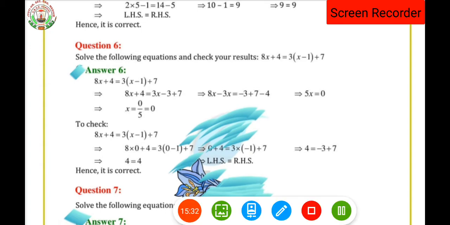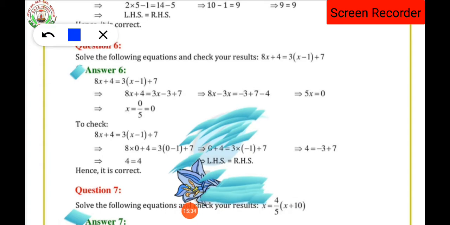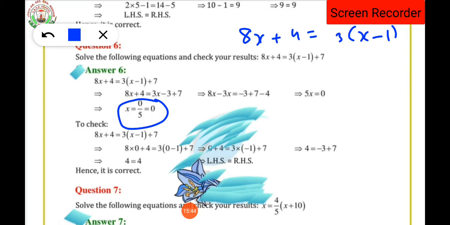Now substituting x is equal to, what is the value of x we got? 0, isn't it? So here 8x plus 4 is equal to 3 into x minus 1 plus 7. So 8x, that means 8 into 0 plus 4 is equal to 3 into 0 minus 1 plus 7.